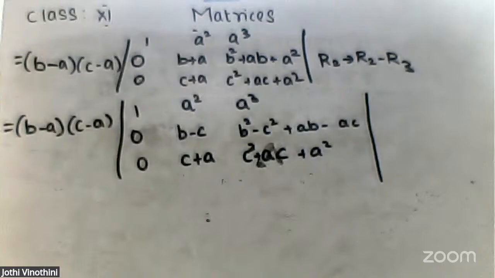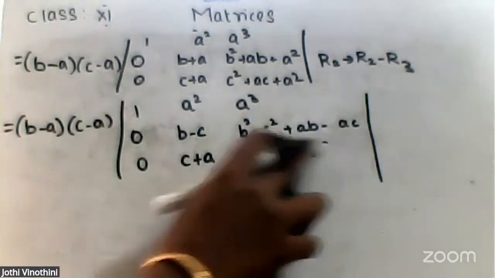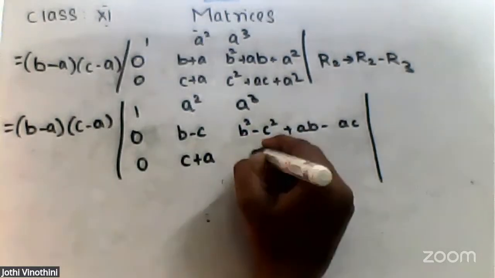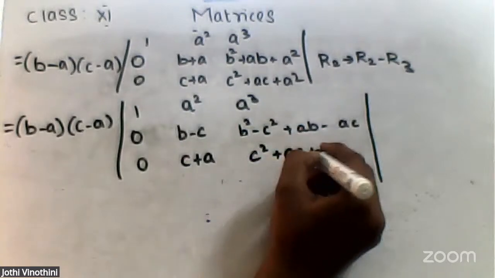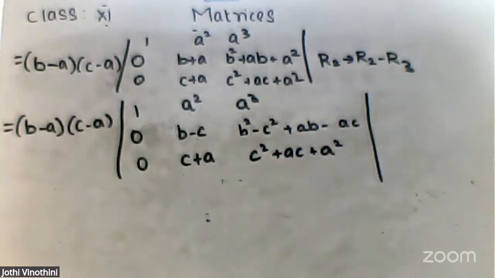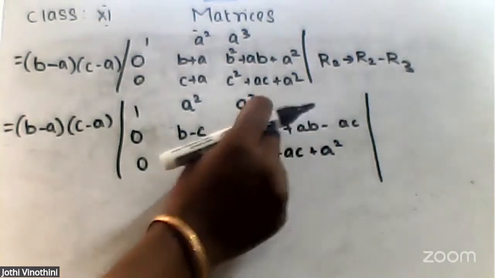I'm going to make it a little bit clear. C squared plus AC plus A squared. I'm going to rewrite this term.